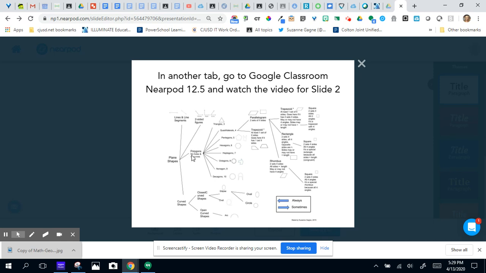For example, is a rectangle always a square? No. It could be a square. I mean, it could have four sides that are the same, but it doesn't have to. Can a parallelogram be a rectangle?